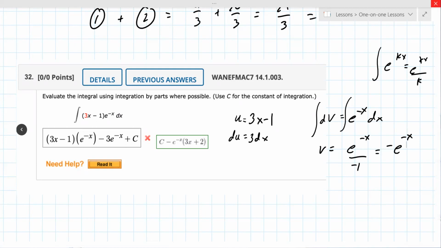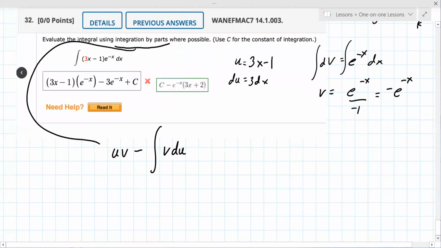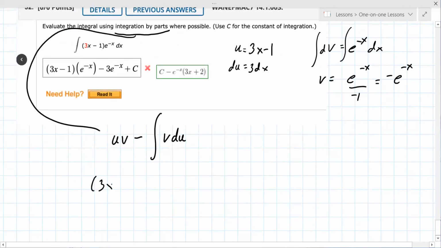So then now to do integration by parts, this is where you're in the classroom. It's uv minus the integral of v du. So you have a u, you have a v, and you multiply them together. So your u is 3x minus 1, your v is e to the minus x, minus the integral.